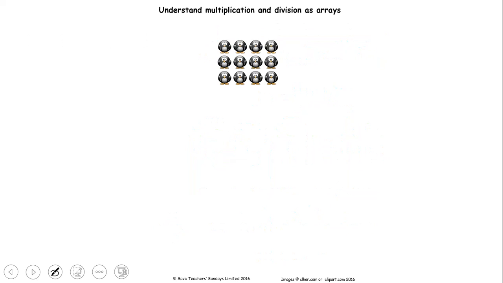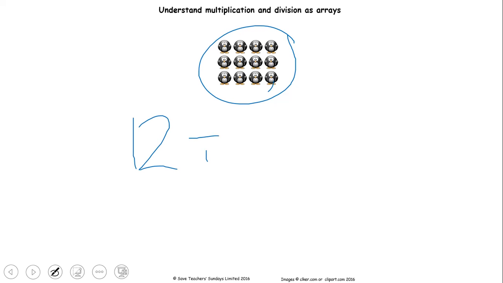So here we've seen this penguin picture before. It's just my favorite and it's adorable. So if we were going to do a division sentence, remember we would take the total that we have, so all of them, which is 12, and we would divide it by, let's say, how many rows we have. So 1, 2, 3 rows, and that means we have 1, 2, 3, 4 columns.